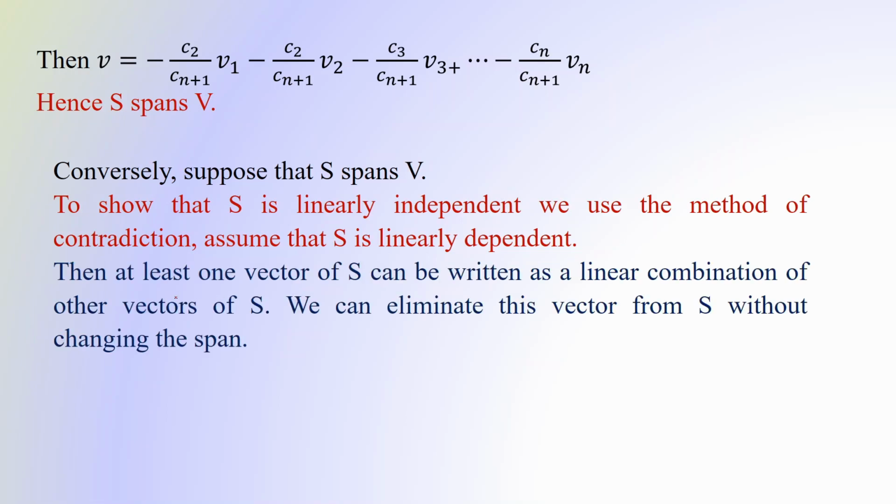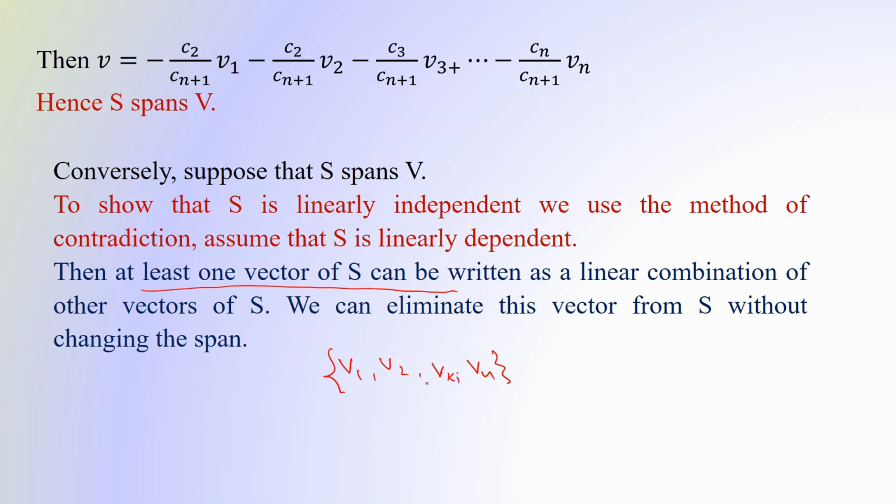If S is linearly dependent, at least one vector of S can be written as a linear combination of the other vectors. So V1, V2, ..., Vn contains n vectors. Suppose there is a vector, let's say Vk.